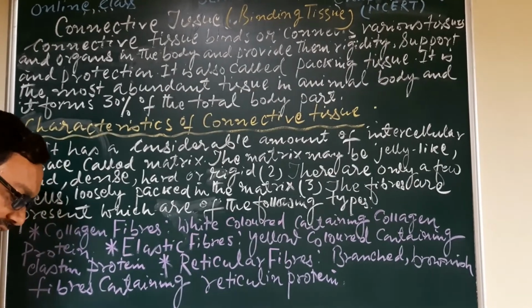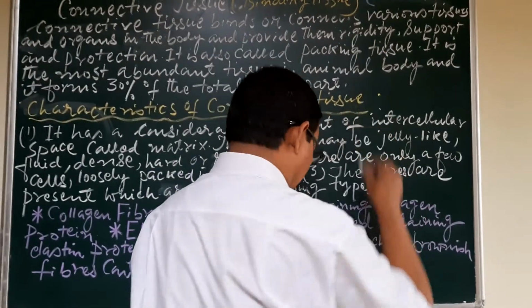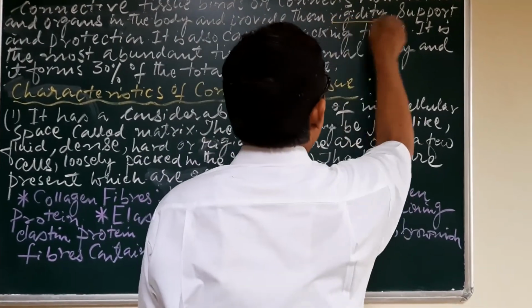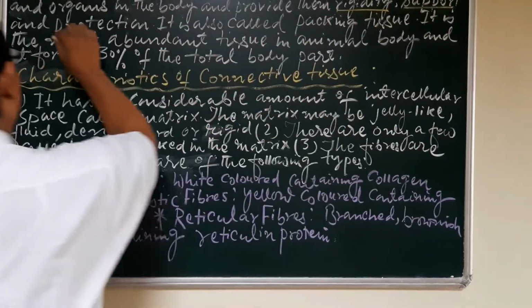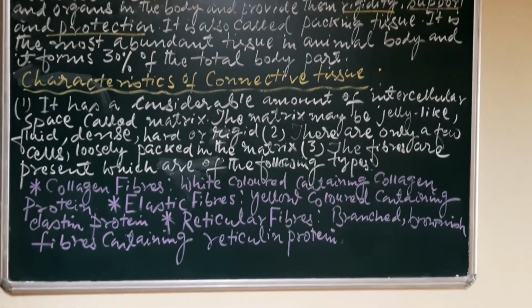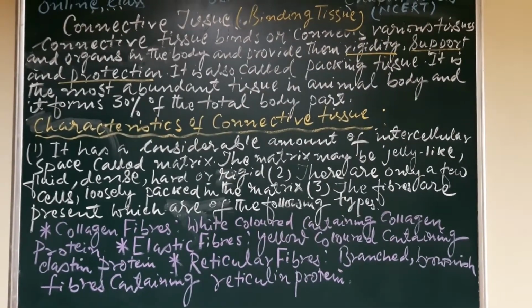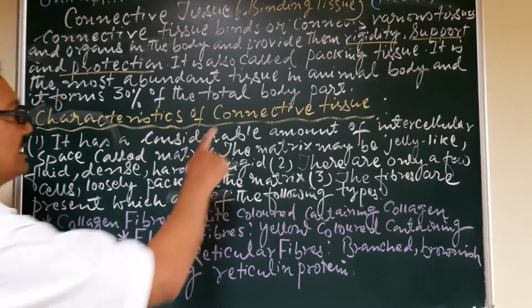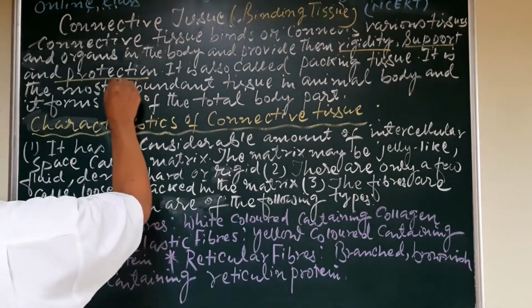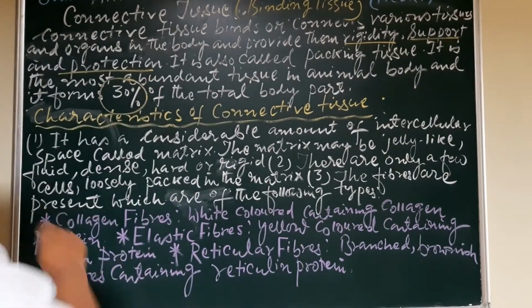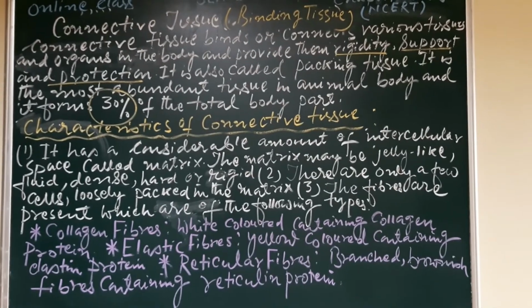It is also called packing tissue. It is the most abundant tissue in the animal body and comprises approximately 30% of the total body part.